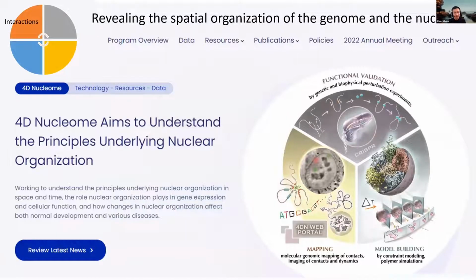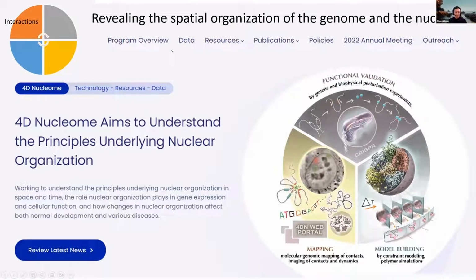Before going to the specific talk today, I would like to briefly mention some other quadrants that I won't elaborate. The upper left relates to molecular interactions.